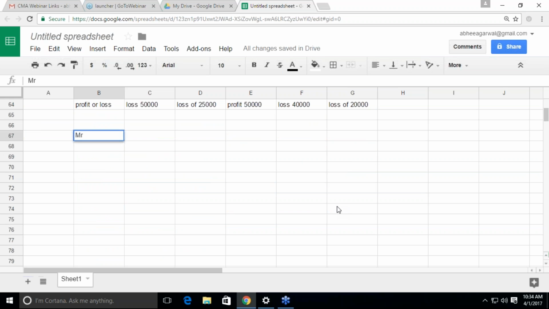So what is the marginal costing statement? Marginal costing statement. It starts with sales, less variable cost.